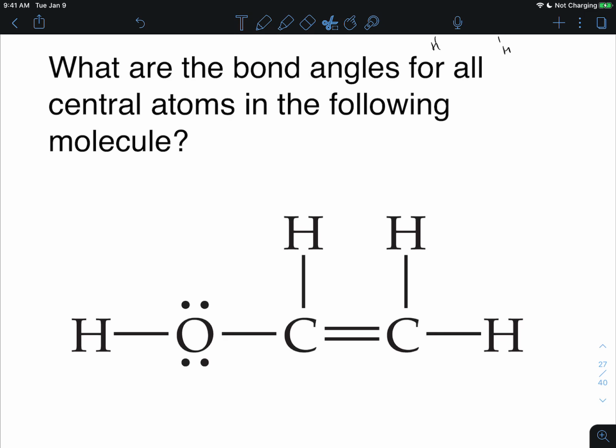Okay, so let's try an example looking at bond angles for a long structure where we have several central atoms. So we're looking for anything that has 2 or more atoms surrounding it. So we're looking at this oxygen, this carbon, and this carbon. We need to take into account lone pairs and multiple bonds because both of them are going to cause more repulsion.